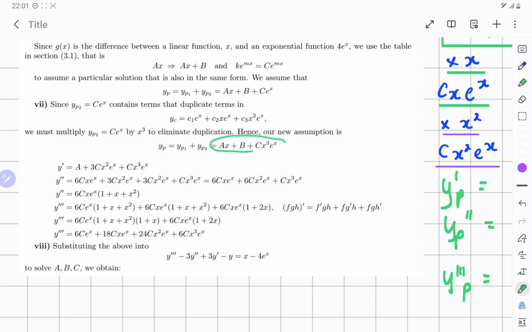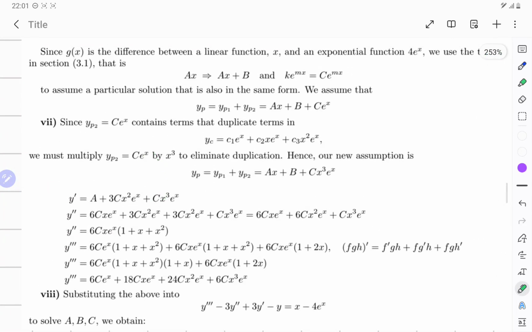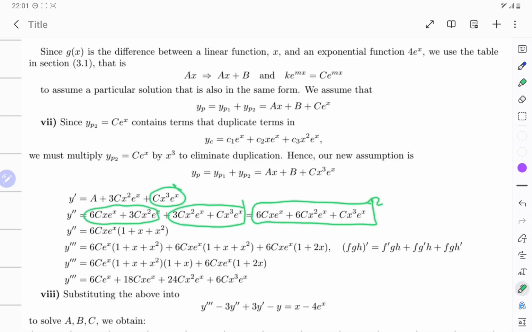So I derive this once, I get that. I will derive twice. Now remember when I derive twice, by now you should know this, that I will use the product rule over there and I will use the product rule over there. And then I just added like terms.